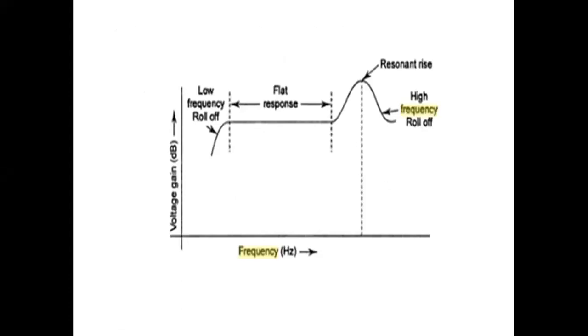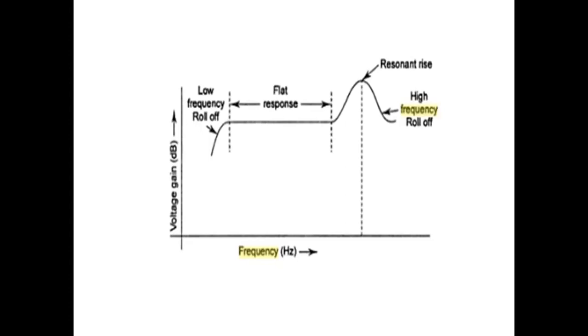So coming to the frequency response, the frequency response of the transformer coupled amplifier is not that excellent compared to the RC coupled amplifier, because here we can get some fluctuations, or some peaks at some frequencies. Because of leakage inductance and interwinding capacitances in the transformer, it does not allow the amplifier to amplify the signals at different frequencies equally well.